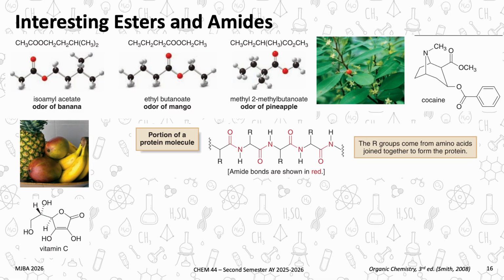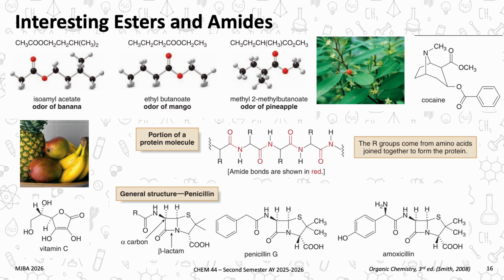And then for amide, the importance of amide is that it is the primary connectivity of the amino acids that make up the protein. The amino acids that make up the protein are connected chemically, and the bond there is actually an amide bond.